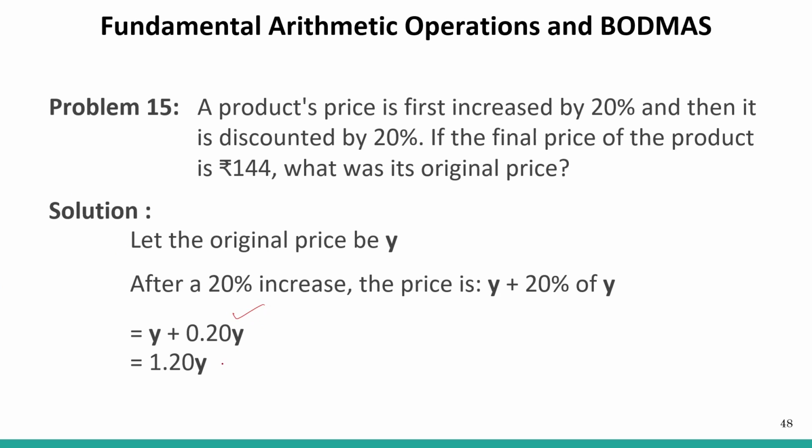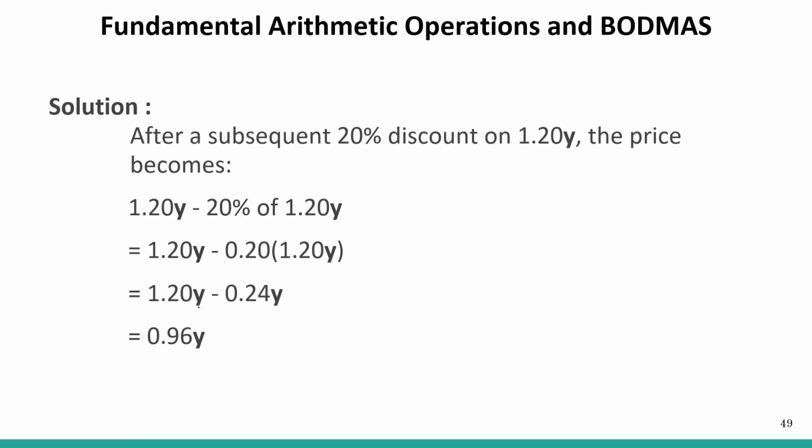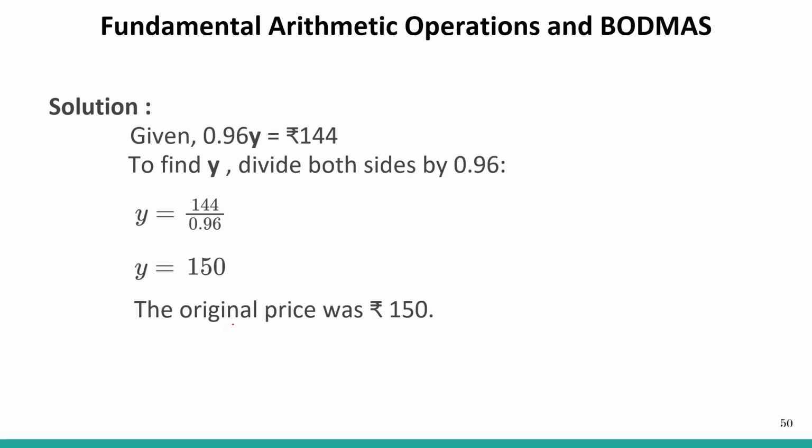y plus 0.20y is equal to 1.20y. After a subsequent 20% discount on 1.20y, the price becomes 1.20y minus 20% of 1.20y, that is 1.20y minus 0.24y, which is equal to 0.96y.